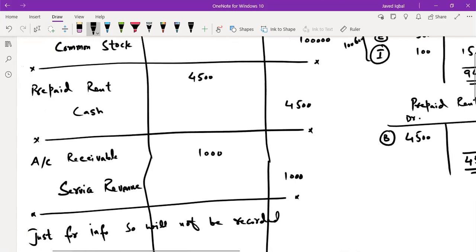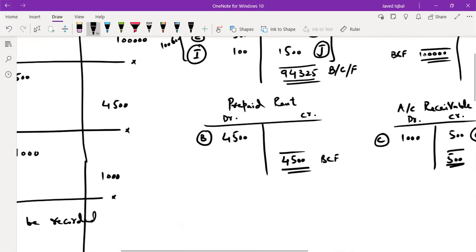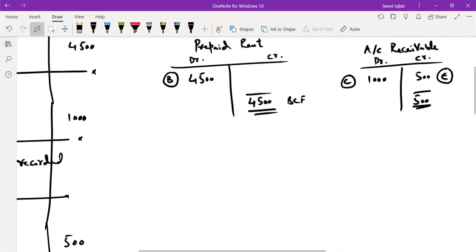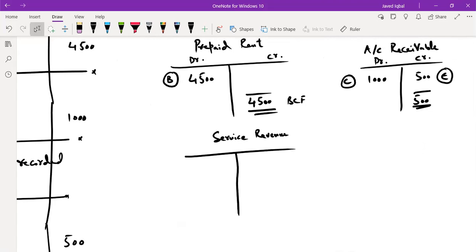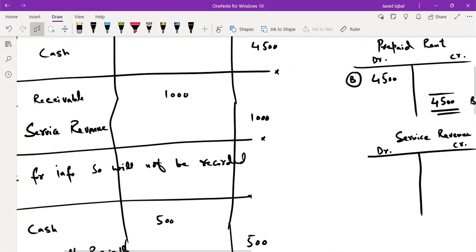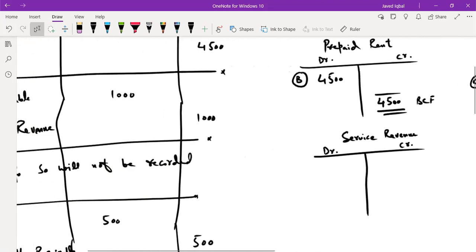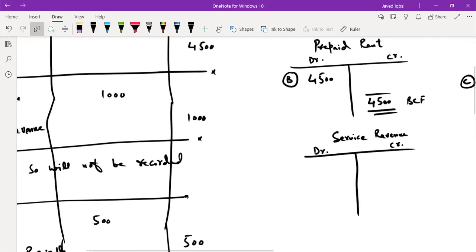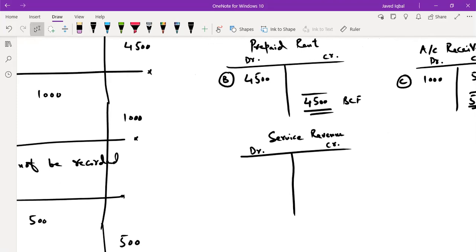So the next transaction was of service revenue, which arose, I believe, only once. So we will write service revenue as a title, and we create the account of it, which is debit on left and credit on right. Okay, service revenue of 1000 was credited.